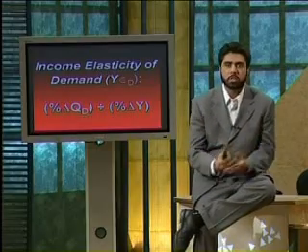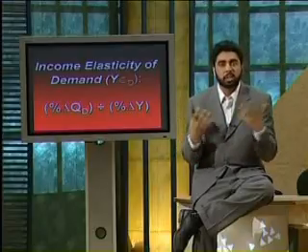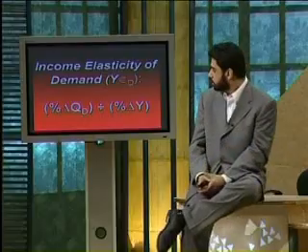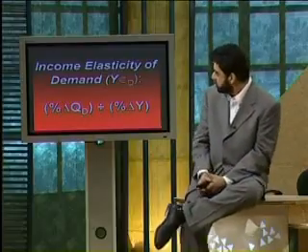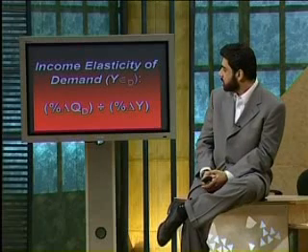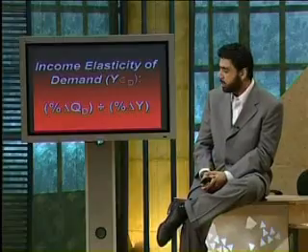So it could be an individual consumer, it could be households, it could be the overall income level of the economy or the market for that good. As you can see, it is defined specifically as the percentage change in the quantity demanded divided by the percentage change in income.